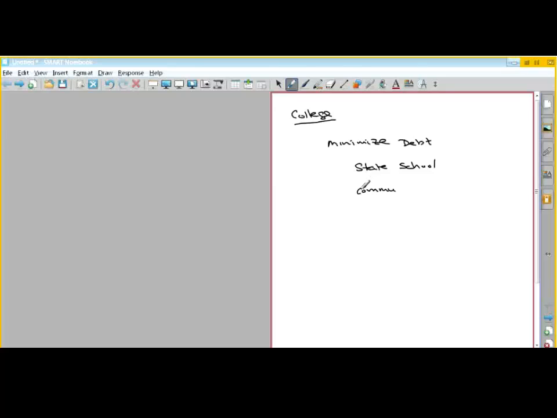So you do state school, you go to community college, which you're already doing. Of course, you look for scholarships and I mean, you use loans if you have to, but you want to minimize using loans because those loans for school are actually a little bit more restrictive.